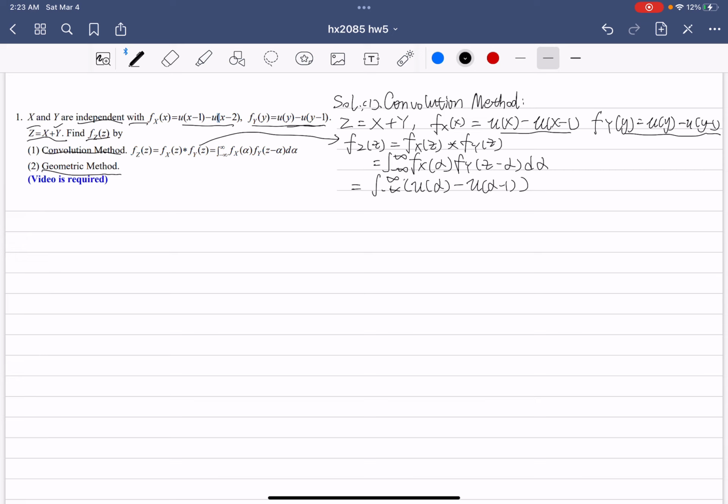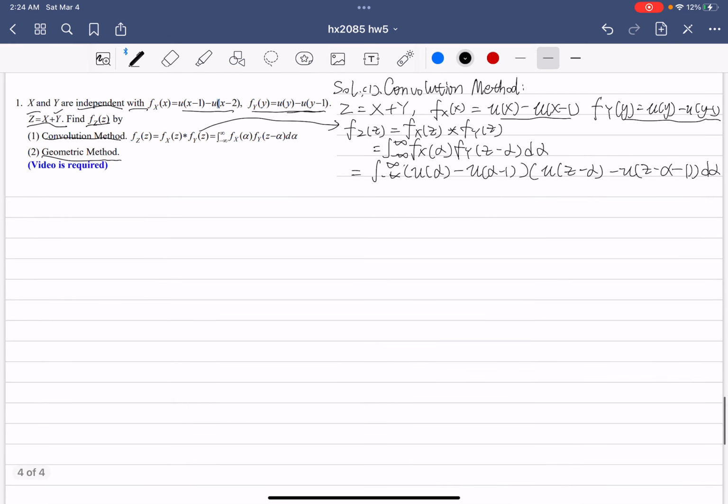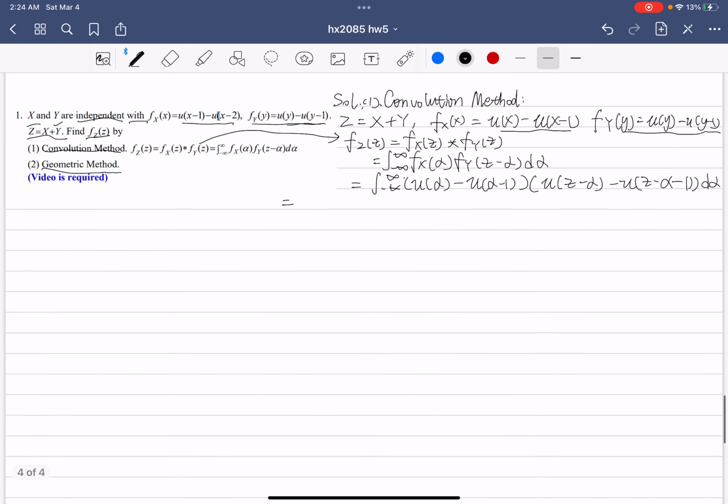Then we need u(z minus alpha) minus u(z minus alpha minus 1), then d alpha. Then we need to calculate this equation.